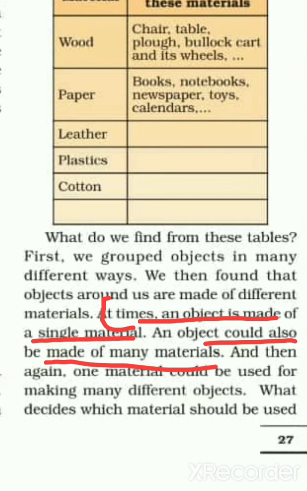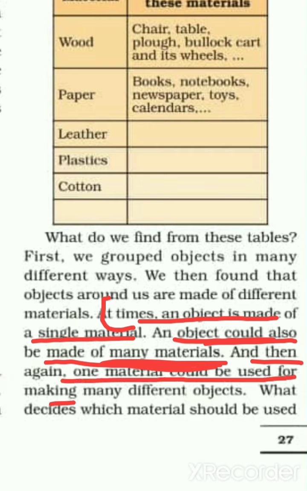Sometimes an object is made from one material, but sometimes many materials are included to make an object. And then again, one material could be used for making many different objects, like wood. Simply, with the help of wood, chair, table, plough we can make. So one material could be used for making many different objects.